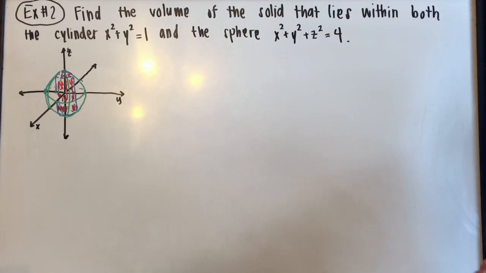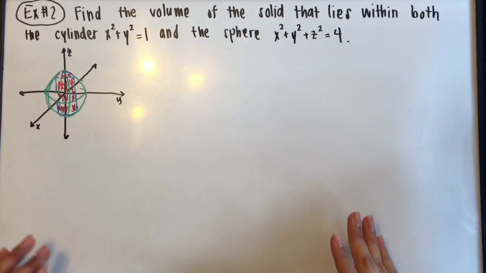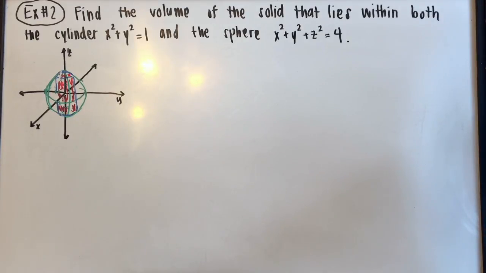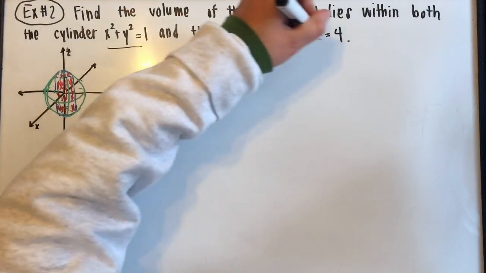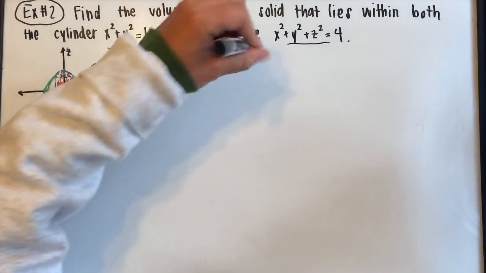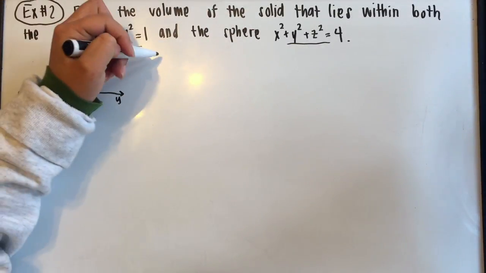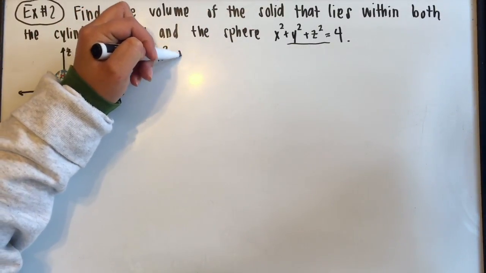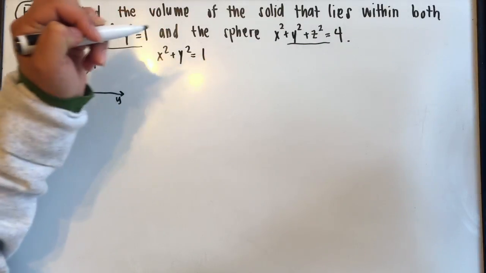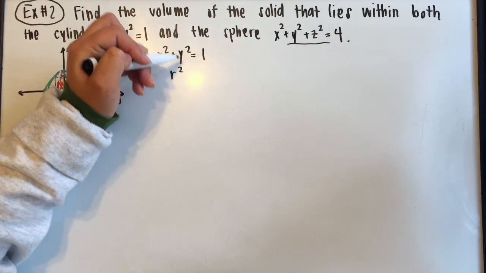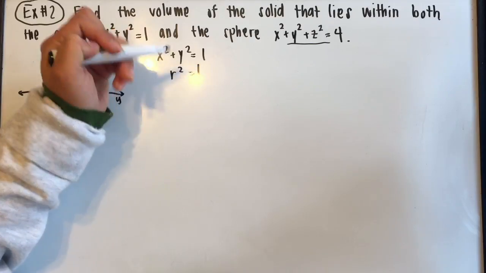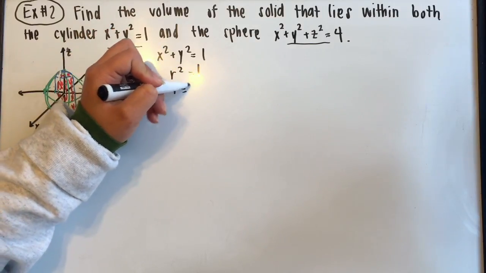All right, so again, let's now convert to polar coordinates. We have our cylinder and our sphere. Our cylinder is x squared plus y squared, which equals r squared equals 1, so then r equals 1.